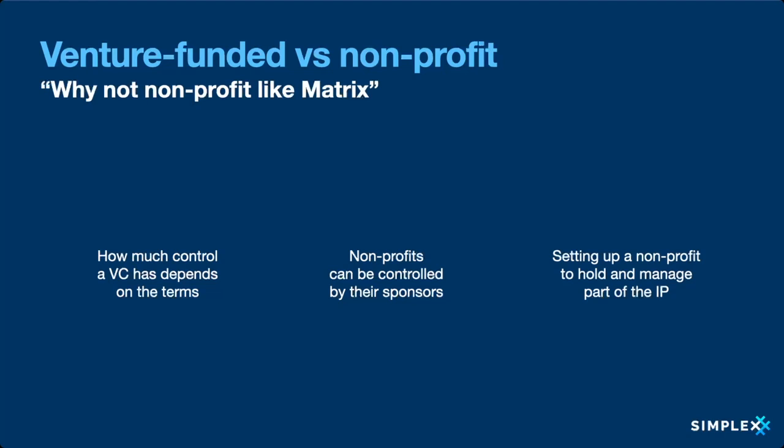And the last, we still plan to set up a nonprofit. That's an ongoing conversation with the lawyers already, to hold and manage part of the intellectual property, because we believe for our business to succeed, we shouldn't be the sole provider of this network. I, as a user, am not buying a network that's operated by a single provider. That's my biggest argument against Signal or WhatsApp or Telegram. It's a single provider network.